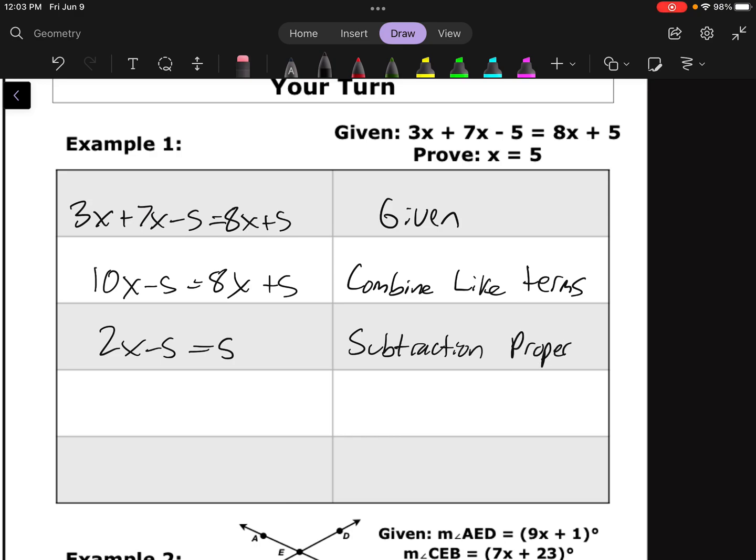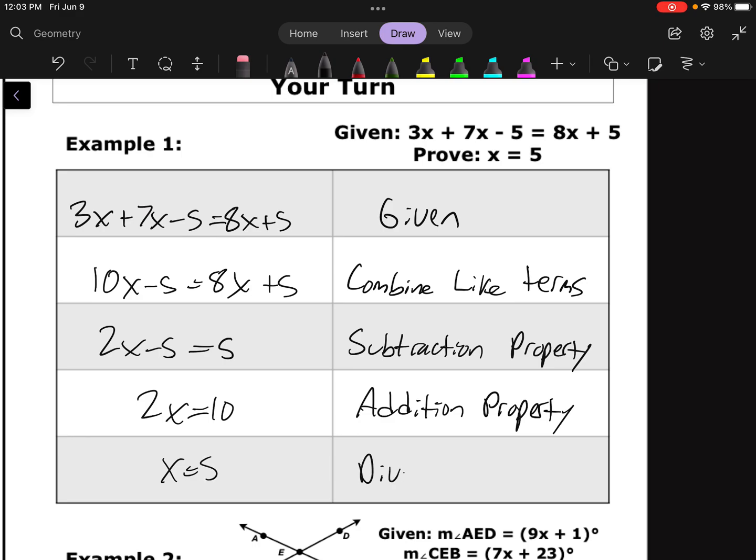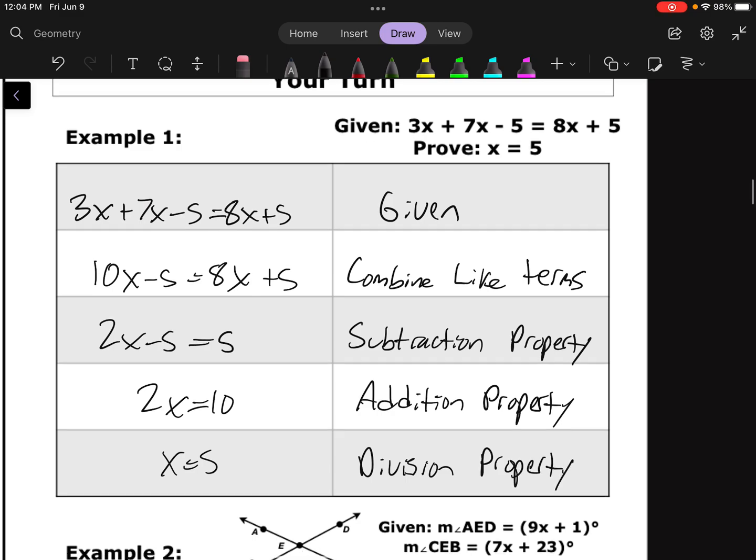Little subtraction property. Then I'm going to add the 5 over. So that's addition. And then lastly, we just divide. So we should have ended with the division property. Okay, got to x equals 5.